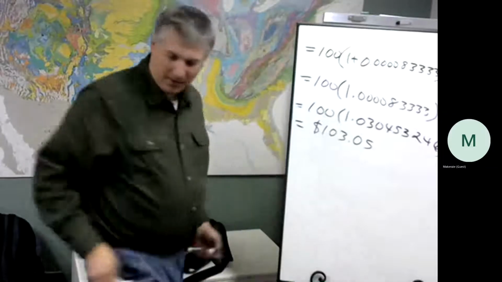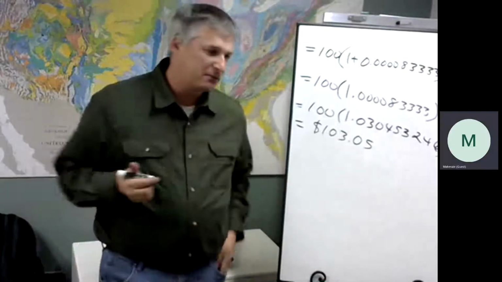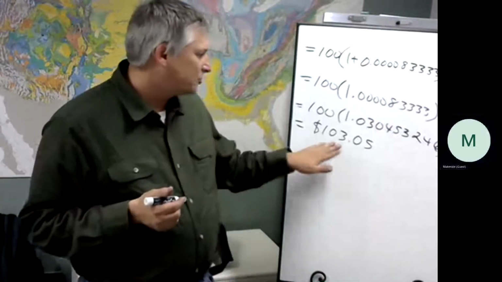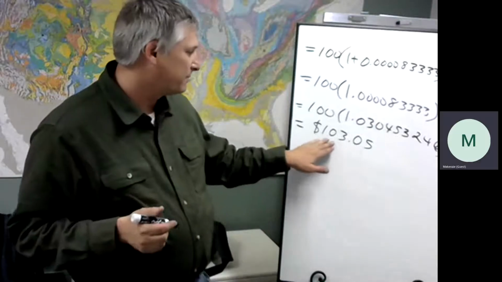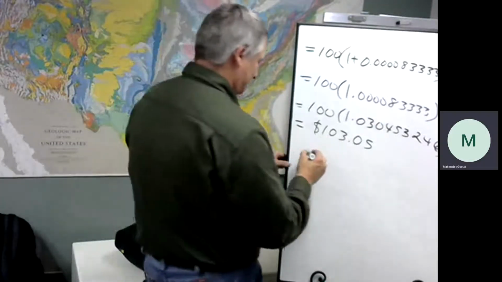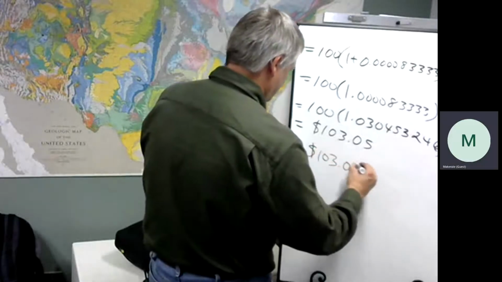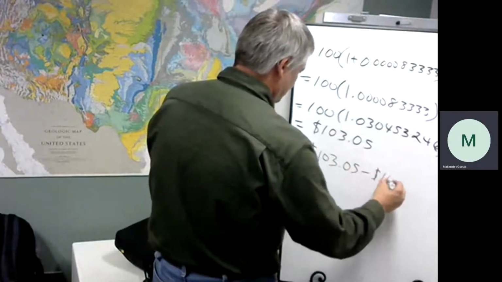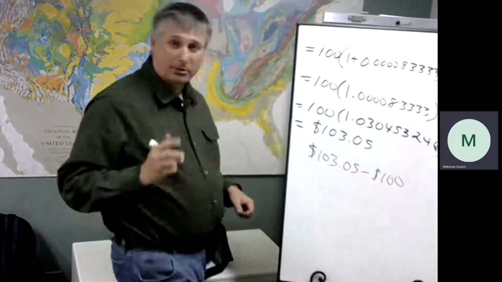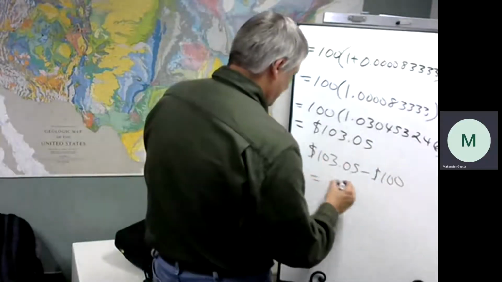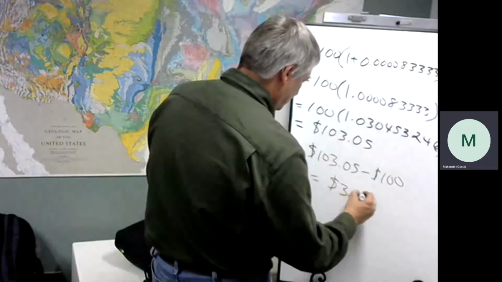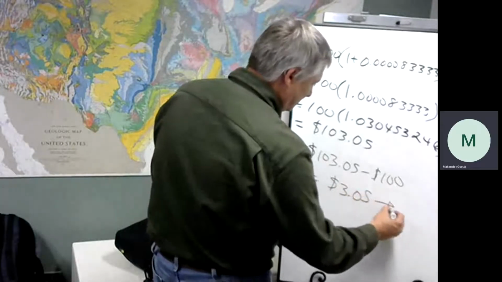So how do we figure out the effective rate? Well, we subtract 100 from this. Remember, 100 was our principal, and we get $3.05.